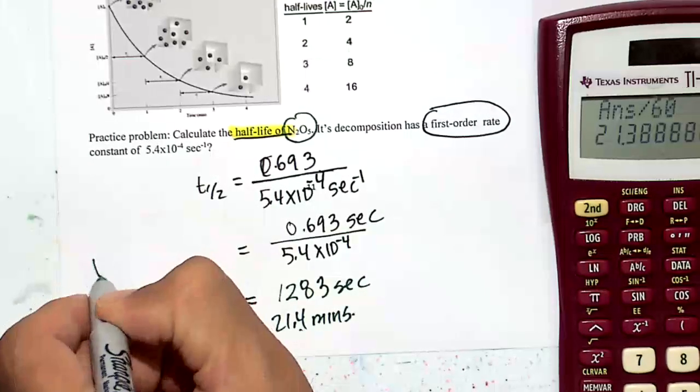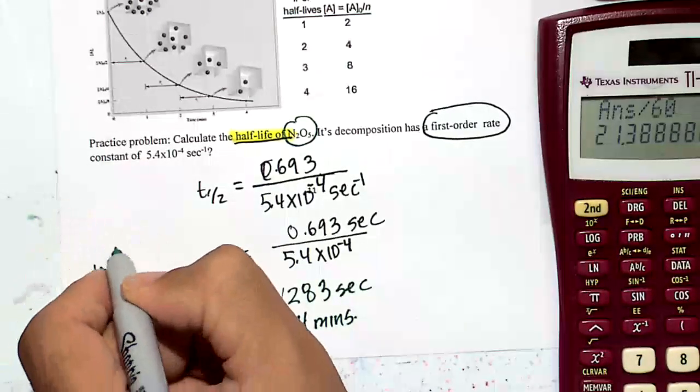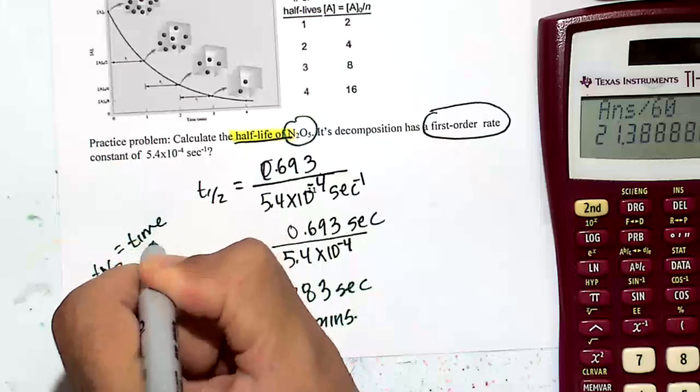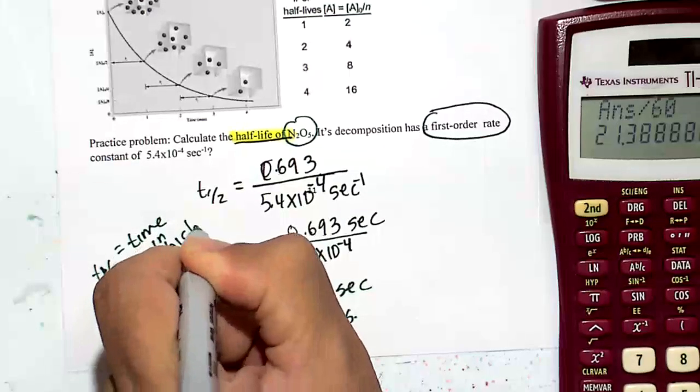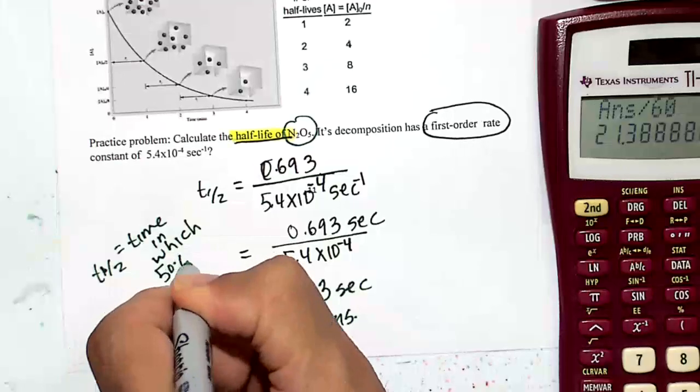Let's remember half-life: it's a time in which 50% of the material is reacted or gone. For first order, zero order, second order, they have different equations.